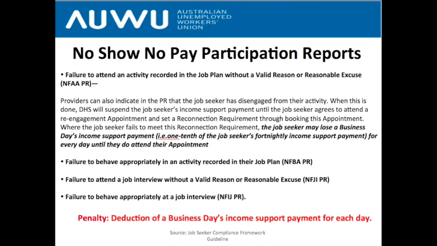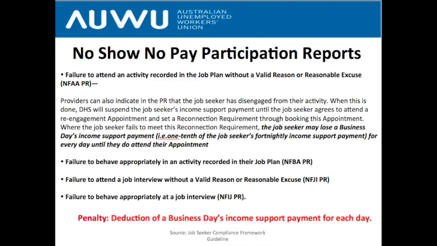Once again, that's a deduction of a business day's payment until they re-engage. So until the unemployed worker contacts the job agency and then attends a re-engagement appointment, or alternatively works out with the employer to attend another job interview.